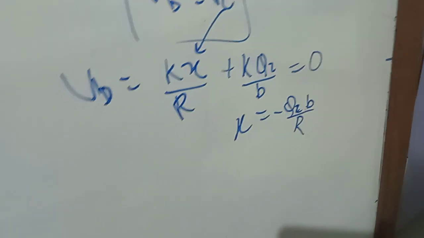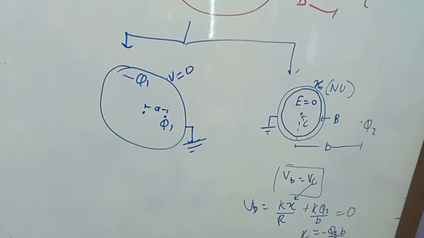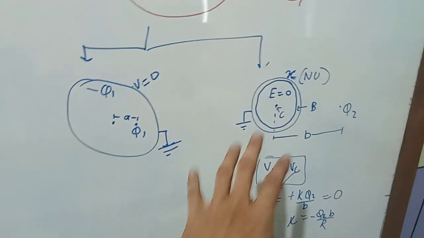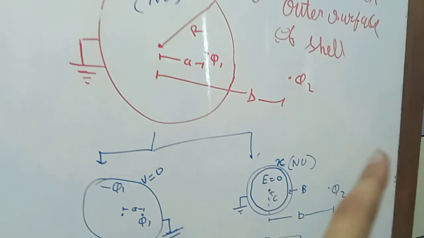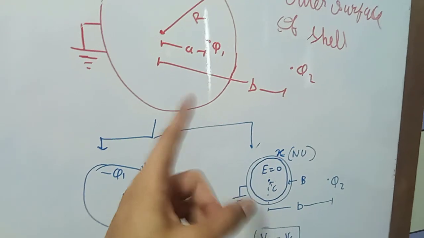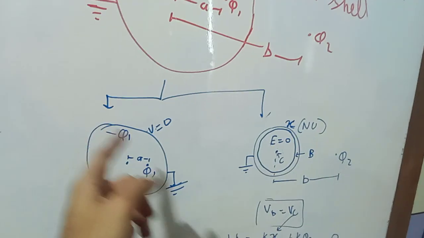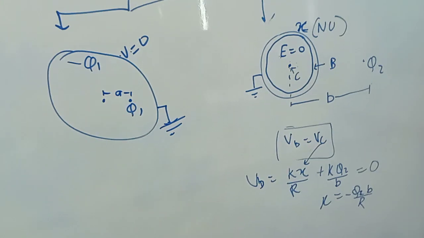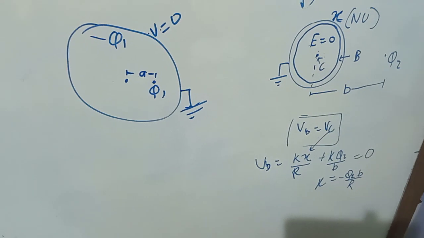So to recap, we divided it into two systems. This is system 1, this is system 2. If we overlap these, we'll get this, because there's q2, q1, and the shell with charge minus q1 on the inner surface and x on the outer surface. Now V here is 0, the reason should be pretty clear because I explained it two times.